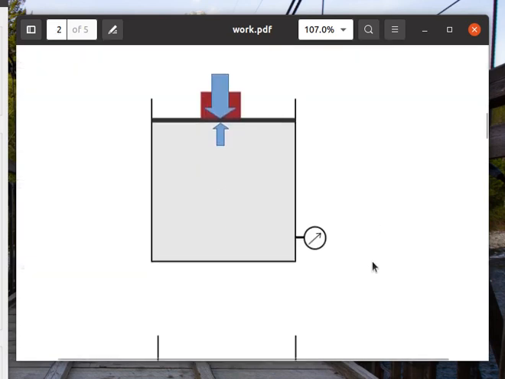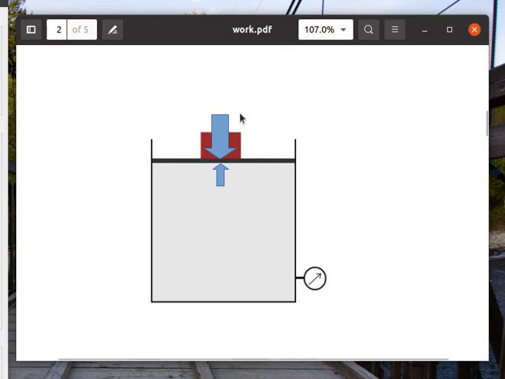So here you have applied 2 Newton per meter square from the outside. The gas pressure is less than that, so the piston will move, because the forces are not in equilibrium.